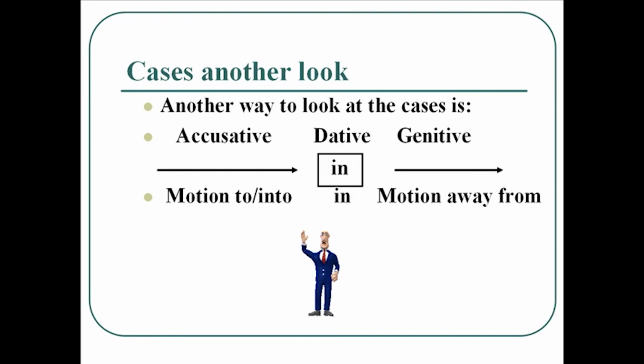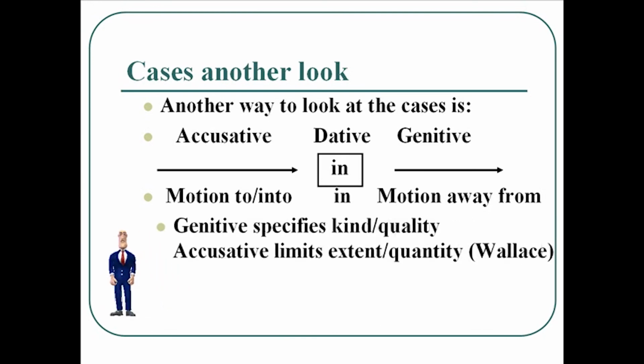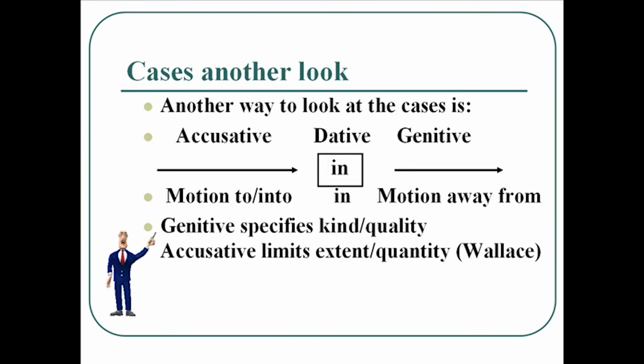And so when we connect these various cases with prepositions, you'll notice the motion toward an object, in an object, and separation from an object a lot of times are associated with these cases. Just to review a little bit, the genitive limits kind or quality, and the accusative limits extent or quantity, as Dan Wallace, the author of a major modern advanced grammar, suggests.